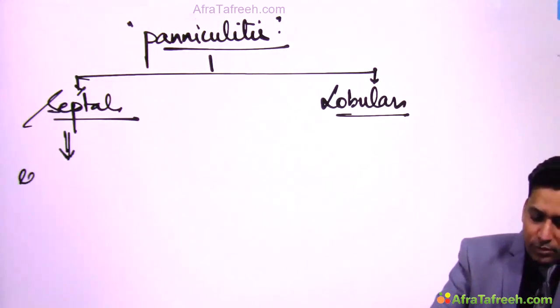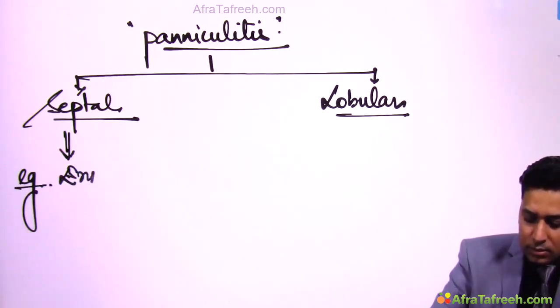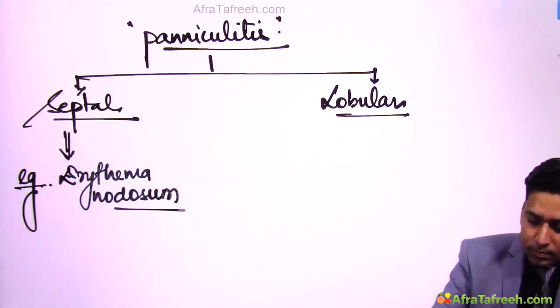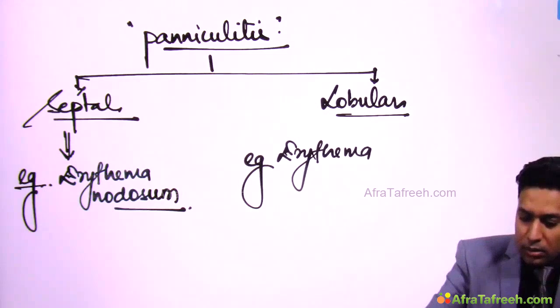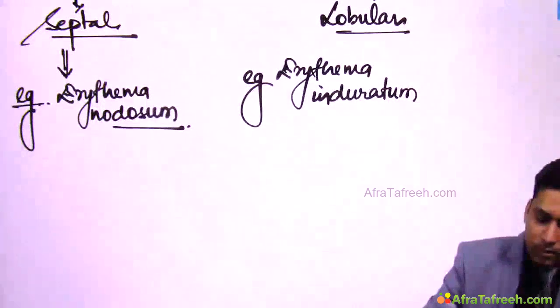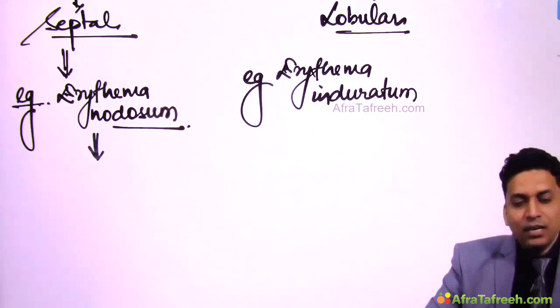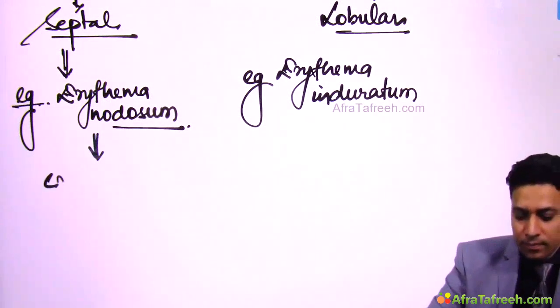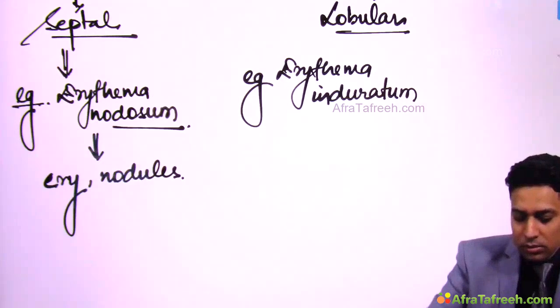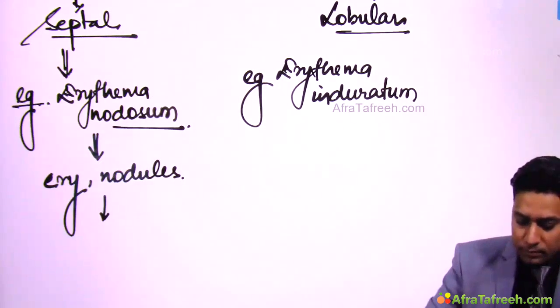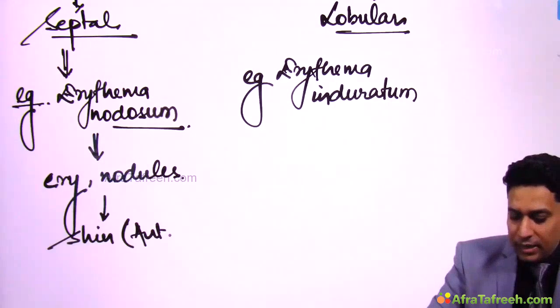The example of septal paniculitis is erythema nodosum, while the example of lobular paniculitis is erythema induratum. The clinical presentation of erythema nodosum is erythematous nodules over shin, that is anterior leg, which do not ulcerate.